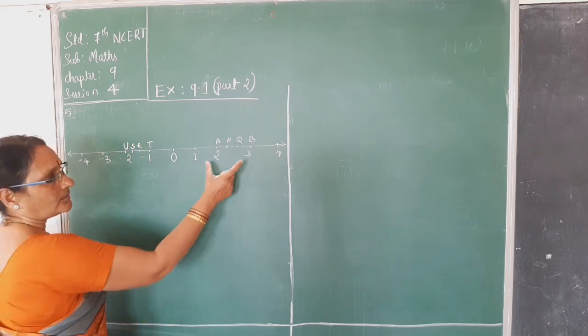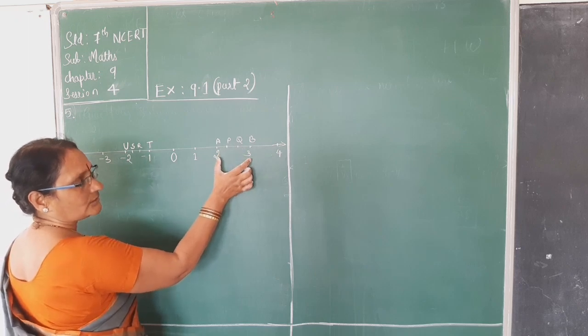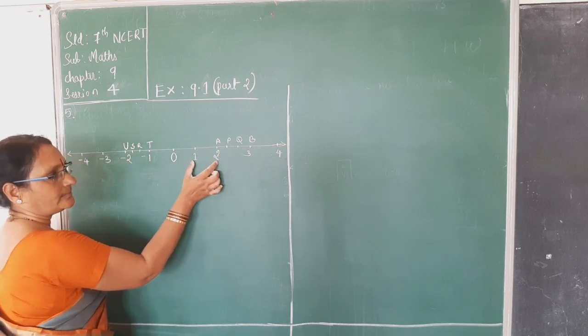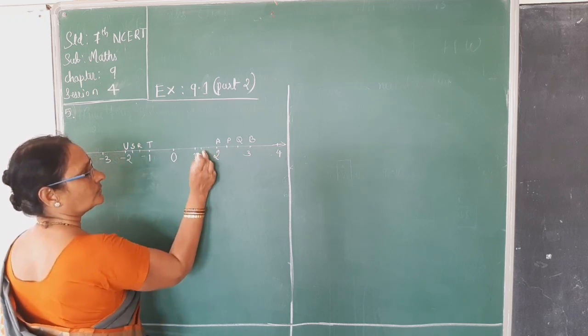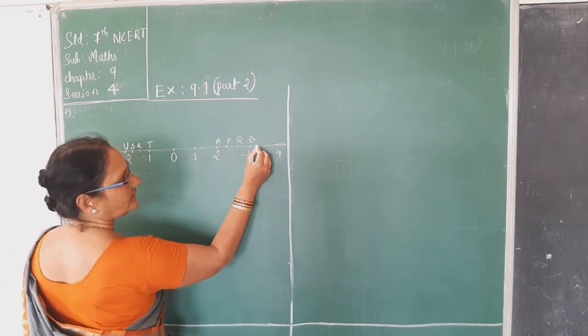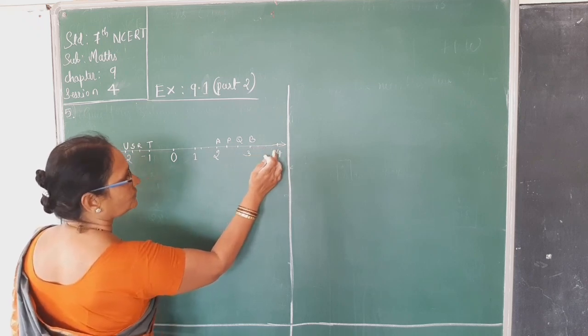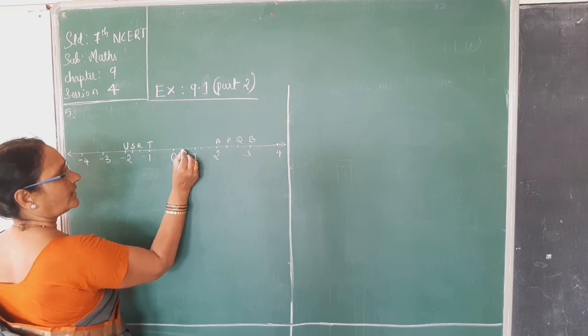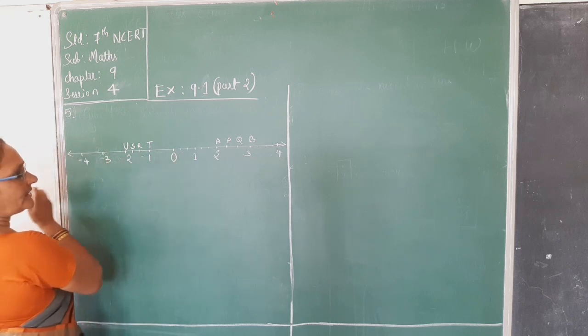If 2 to 3 has 3 parts, 1, 2, 3, automatically the same will be there between 1 and 2 also. So 1, 2, 3 parts. The same way 3 to 4, 1, 2, 3 parts. Here also there will be 3 parts. The same will be continued.